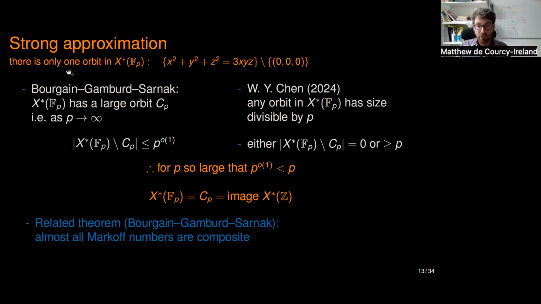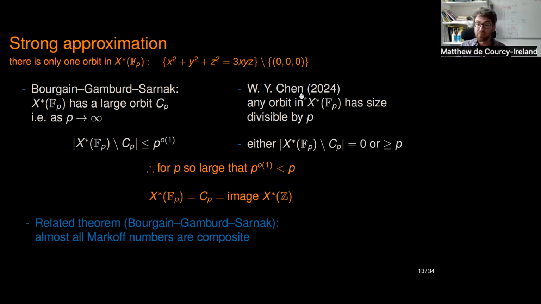So the proof of strong approximation comes from combining two separate parts of the argument. Bourgain, Gamburd, and Sarnak showed that if you take the non-zero solutions mod p, there's one large orbit that they call C_p, the cage, which is large in the sense that as p grows, the complement is at most p to the little o of 1, smaller than any power of p.